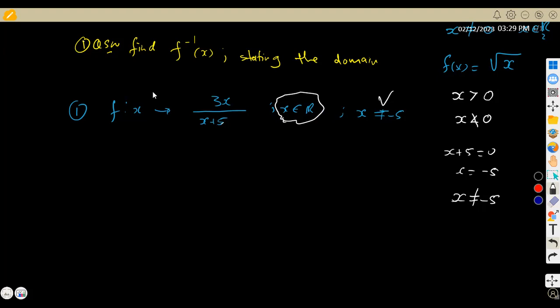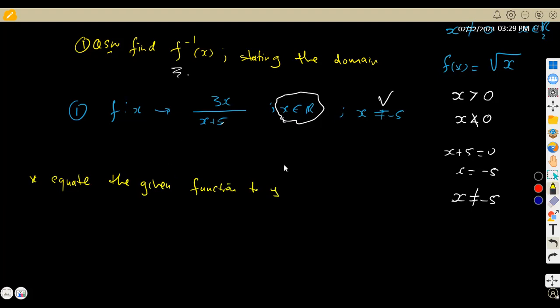Okay, so we are here, guys. Remember, the question is to find the inverse. This is what you're going to do for each and every condition to find the inverse. These are the steps that I want you to take. First, equate the given function to y.